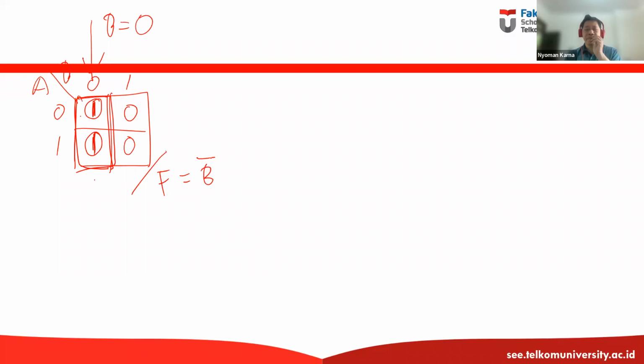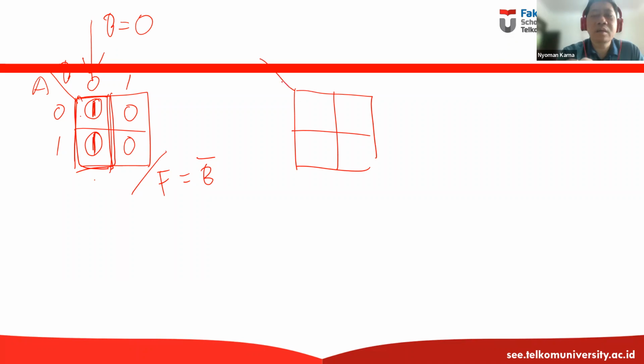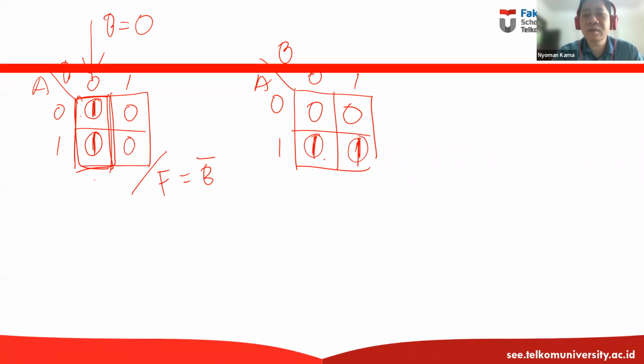Another example. A and B, A can become 0 or 1, B can become 0 or 1. Now we have this one. Now we try to find which cells are active. Okay, this one is active, this one is also active. Can we create a bigger block? Yes, of course.